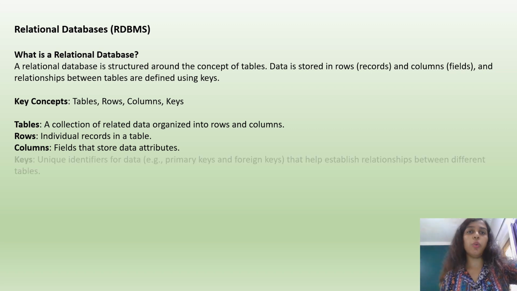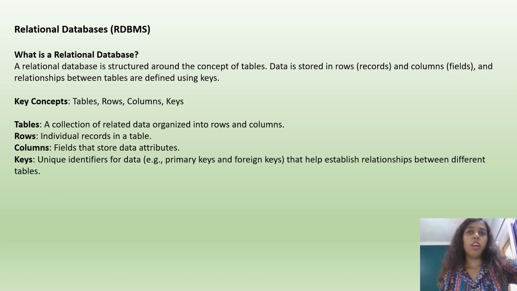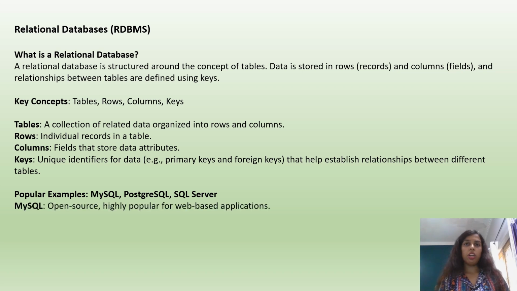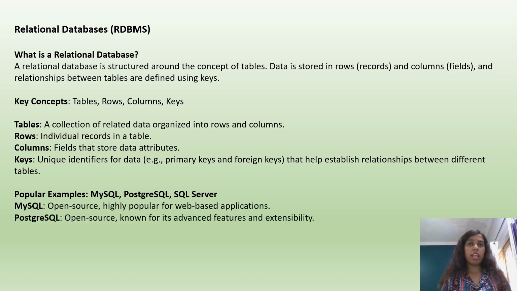A primary key uniquely identifies a record, while a foreign key establishes relationships between tables. Popular examples of relational databases include MySQL and Microsoft SQL Server. These systems are widely used in applications where data consistency and relationships between tables are crucial.